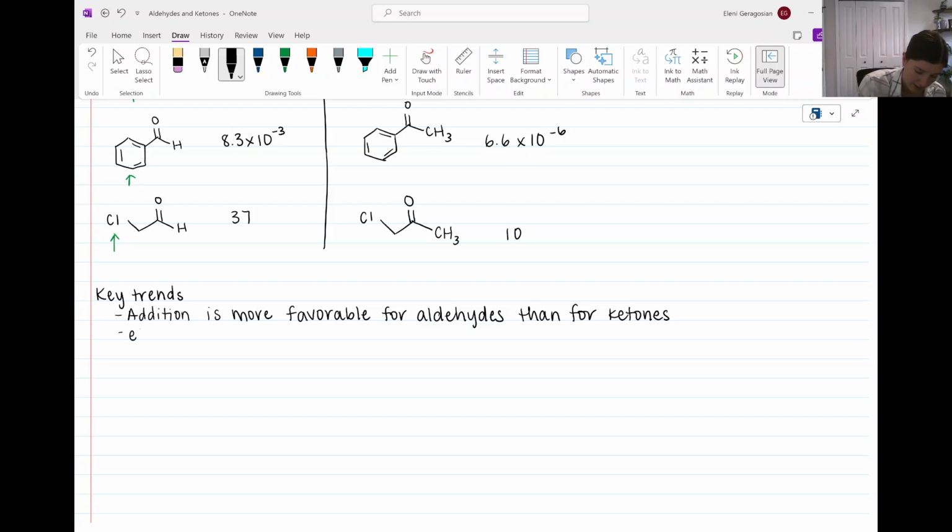If we have an electronegative group, like chlorine, near the carbonyl carbon, like the last two examples here, that makes addition more favorable.